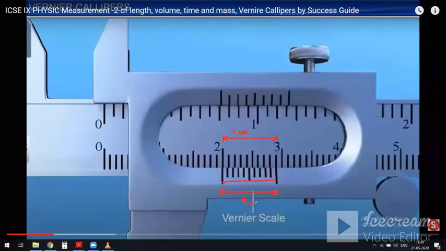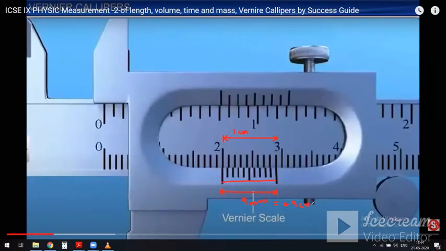Can you see the length of the vernier scale? The length of the vernier scale is not 1 centimeter, it is 9 mm. And 9 mm we can write as 0.9 centimeter. Now you must know that 0.9 centimeter is less than 1 centimeter.